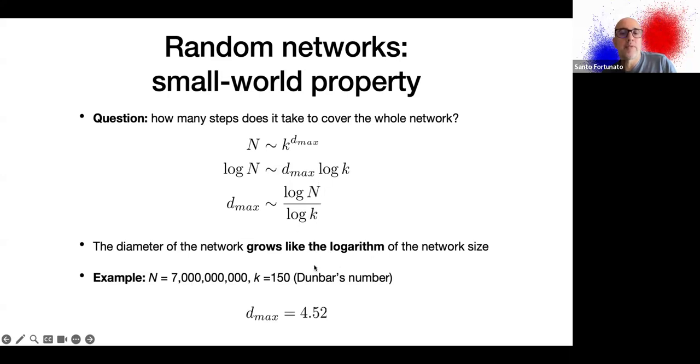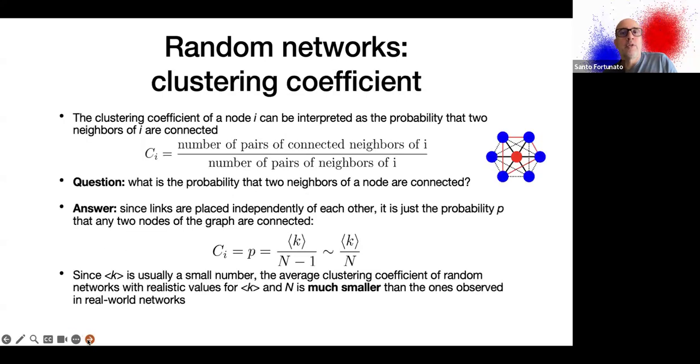If you replace it in this formula, you find out that d max would be 4.52. So even if you have 7 billion people, you can reach pretty much everybody within a few steps, a handful of steps in this model, if the real network, the network of contacts, looks like a network generated by the Gilbert/Erdős-Rényi random graph model. So that's good news.